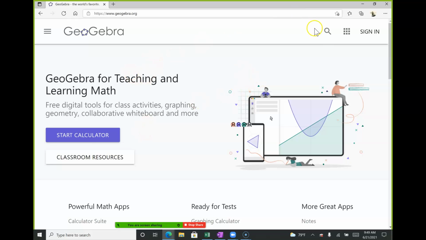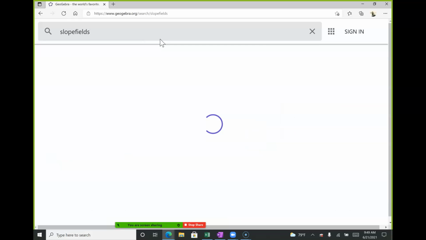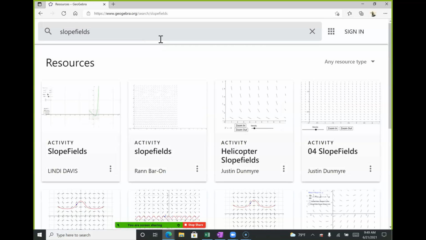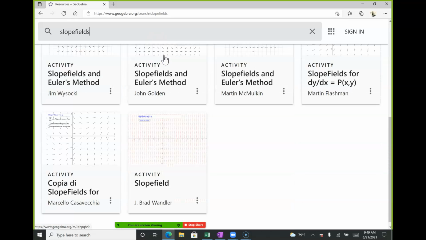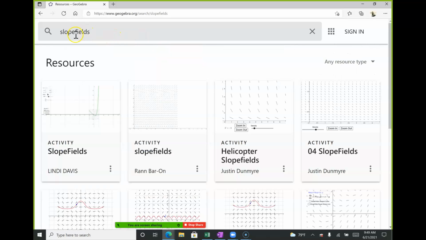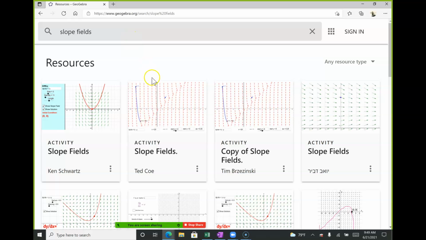So I go to GeoGebra, and there's a little search engine here at the top right. So I'm going on that, and I'm going to slope fields. Now I would encourage you, I'm just searching for slope fields. I'm encouraging you to play around and find one. Let me go back and put a space in there because I'm not seeing the one I like.